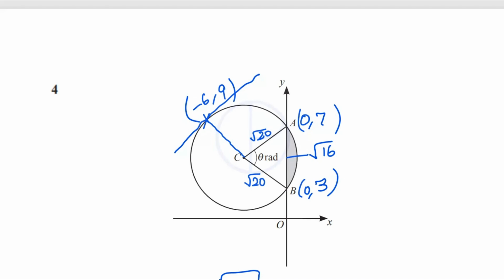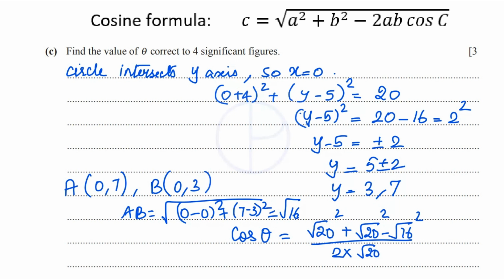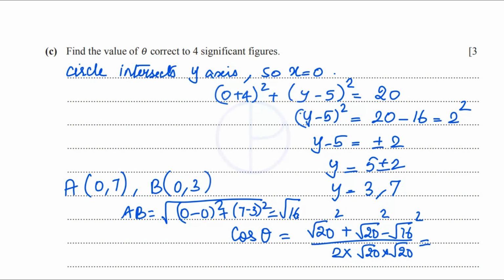So for that, let's use the cosine formula. So cos theta is equal to (square root of 20 square plus square root of 20 square minus square root of 16 square) divided by 2 times square root of 20 multiplied by square root of 20, which is equal to, square root and square get cancelled, so 20 plus 20 is 40, 40 minus 16 is 24, divided by 2 times 20.